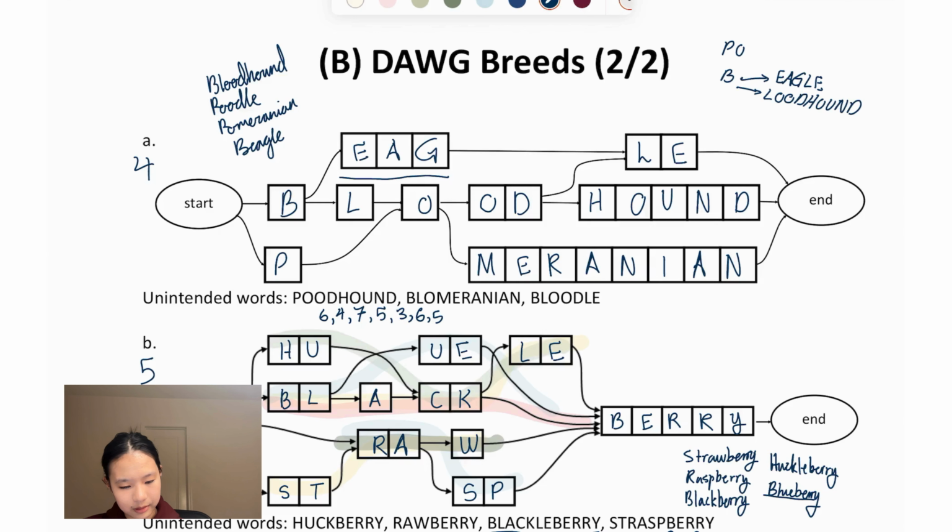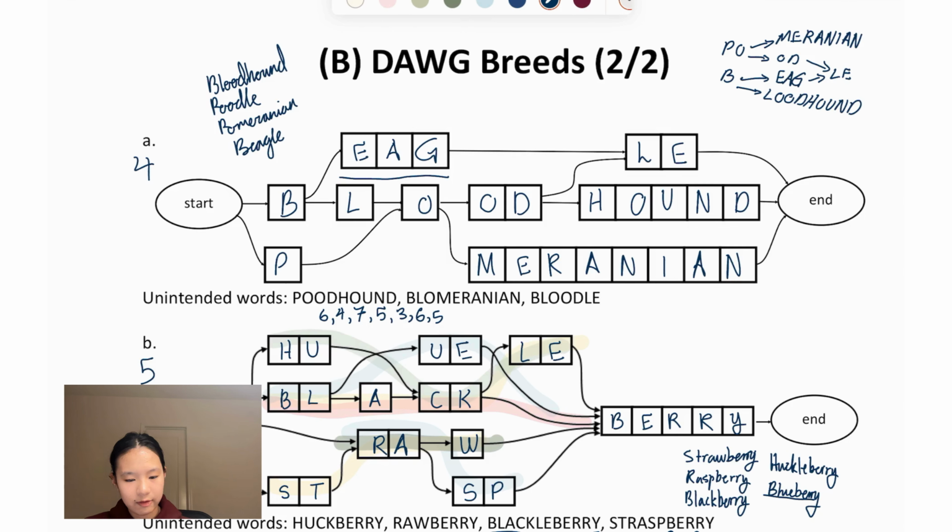Then for the PO, we have that go to Pomeranian, and here I think that will be fine for the beagle LE and the poodle's LE to overlap, as they're not going into any other ones, so it should be fine for that.